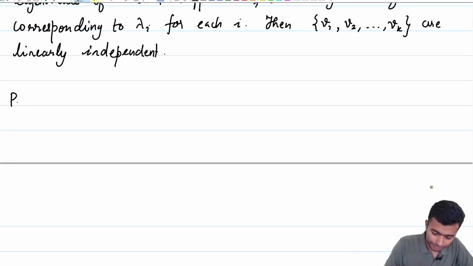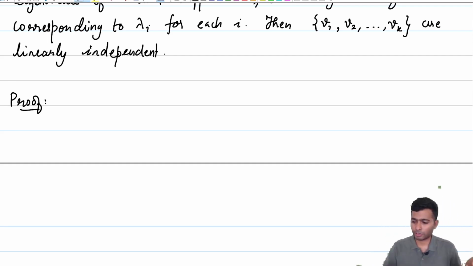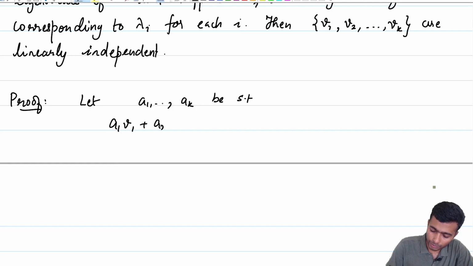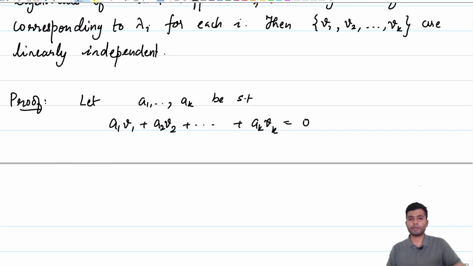So, the proof. Let us consider a linear combination of vi's which is equal to 0. So, let a1 to ak be such that a1 v1 plus a2 v2 plus up to ak vk is equal to the 0 vector in V. We would like to show that each of the ai's is 0.